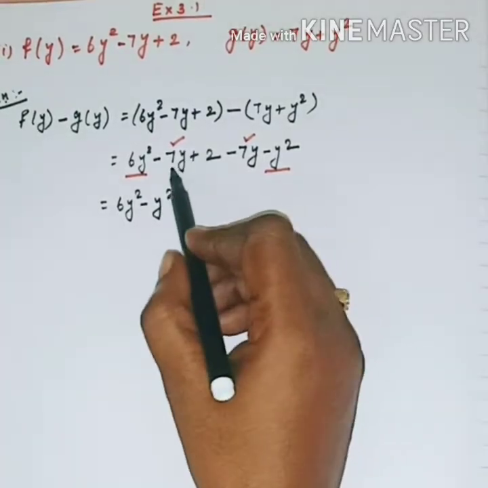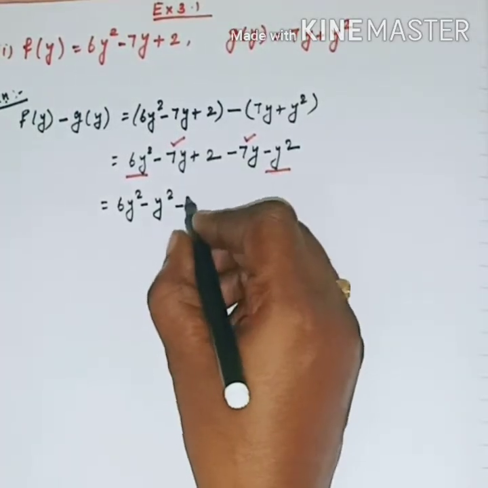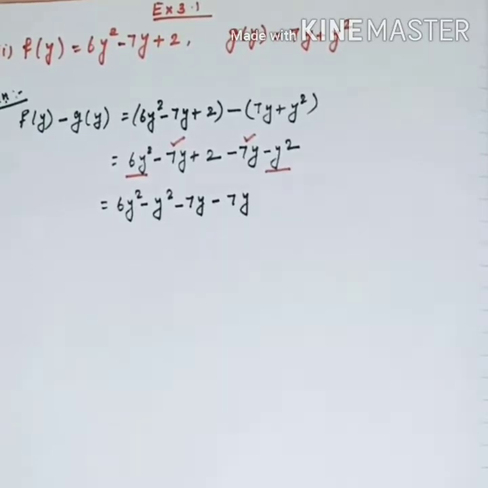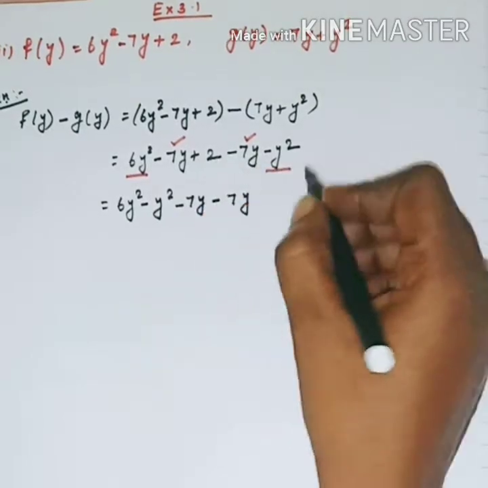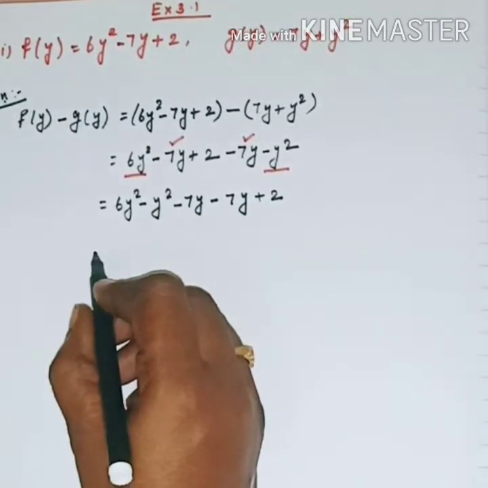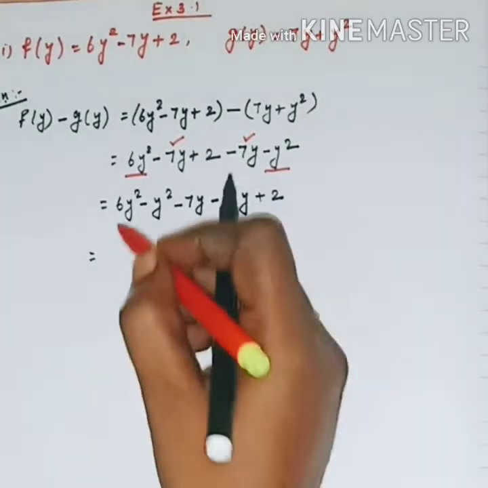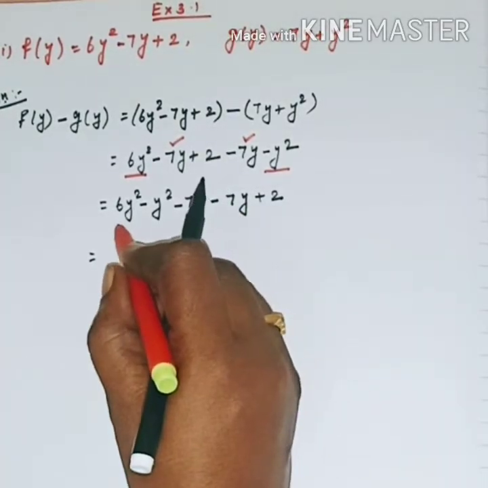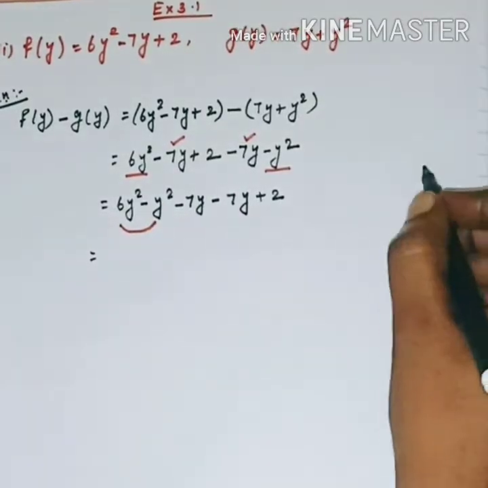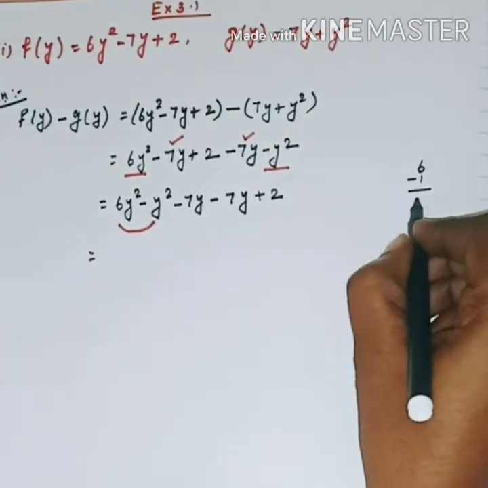So combining these two like terms together, we have minus 7y and minus 7y, and then the constant term is plus 2 alone. So write this as it is. Now subtracting 6y square minus y square, we have 6 minus 1 is 5.